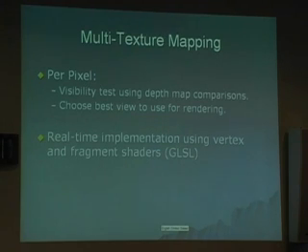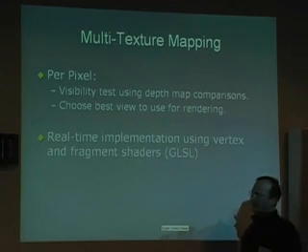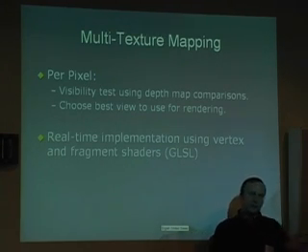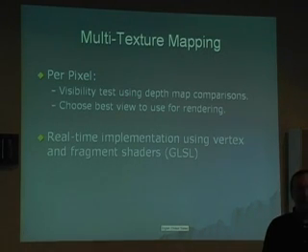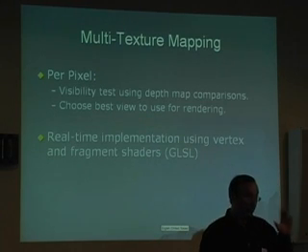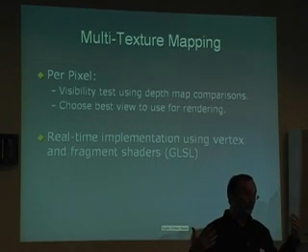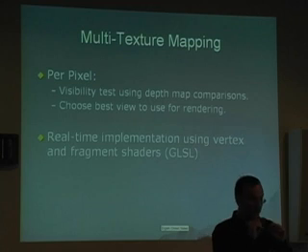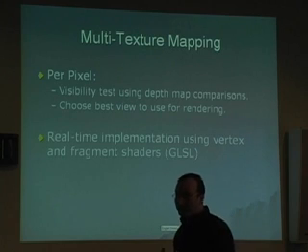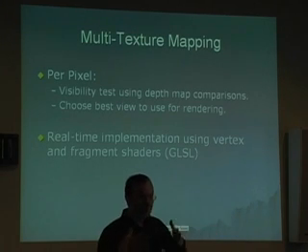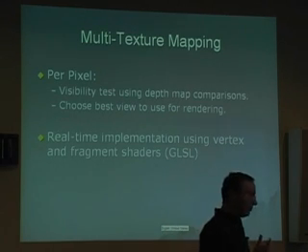And in order to be able to get real-time performance, we have to use GPU programming, for 2 reasons. One is the traditional graphics pipeline allows only texturing of polygons, which is the old way of doing things. And if I want to do the texturing on a per pixel basis, I have to somehow change things in the graphics pipeline. And the way modern graphics hardware allows you to intervene in the graphics pipeline is using the GPU.